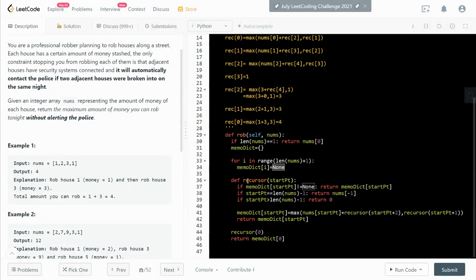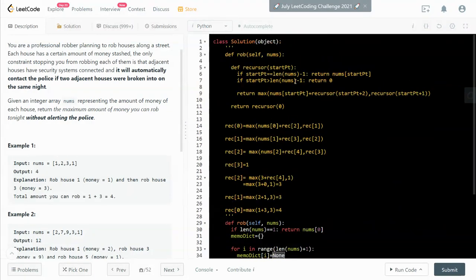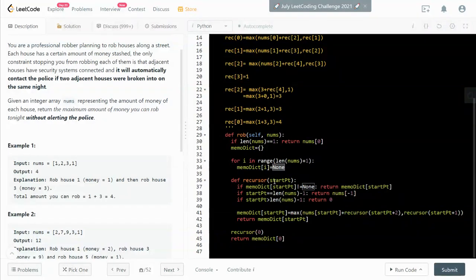And for the recursor, it is very similar to what we had before. However, there are some modifications. First, these are the two edge cases we saw before: if we are at the last house, or if we go off the nums, all the available numbers. So these two edge cases we talked about, and we added this: if the value in the dictionary is not None, then we can just read directly from the dictionary.